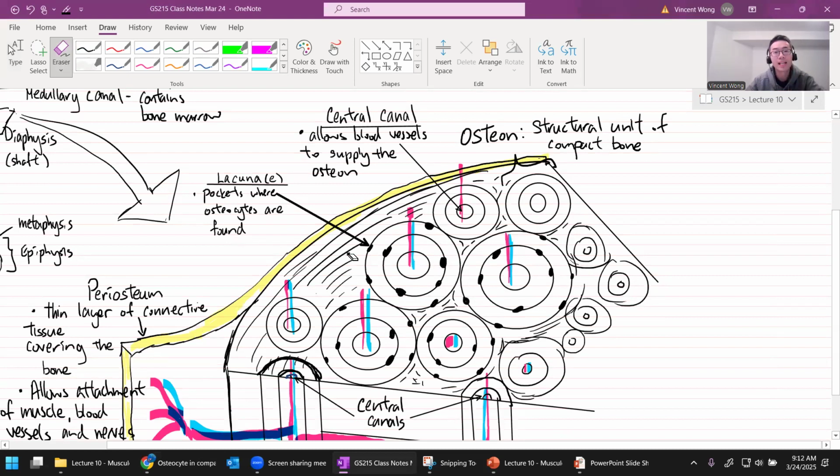This whole circle is an osteon. And then the osteon has additional rings on the inside. Can you clarify the question, maybe? Which circle are we talking about? Like this inner circle? Yeah, that inner circle would be the central canal.